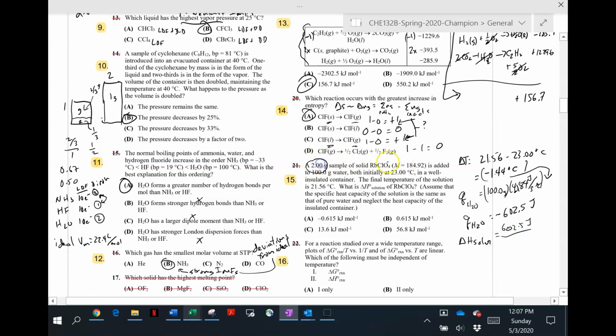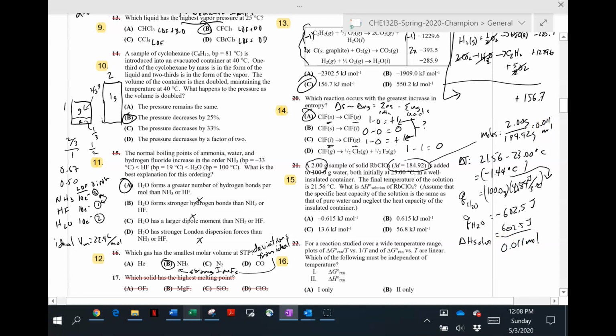So using this and this, we're going to get moles. This 2.00 grams over 184.92 grams. So 2 divided by 184.92, it's going to be about 0.01 moles, I think. Yeah, 0.0108. Maybe 0.011 moles. So we'll say 0.011 moles.